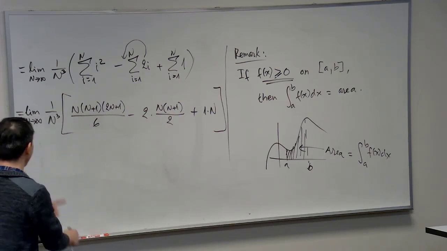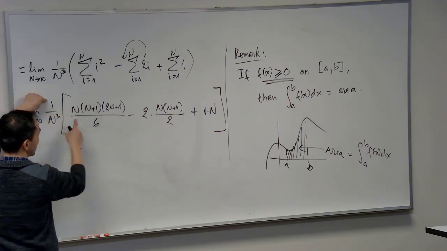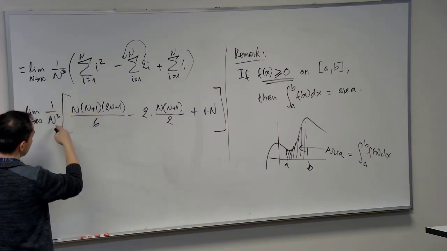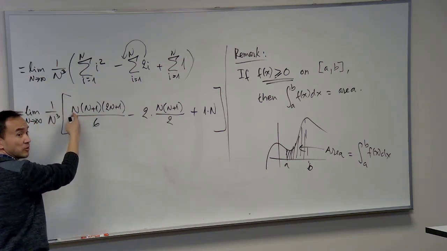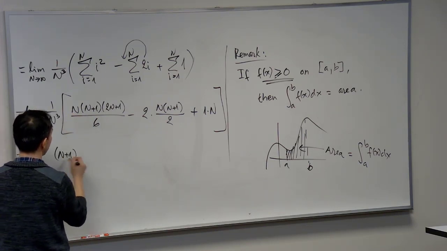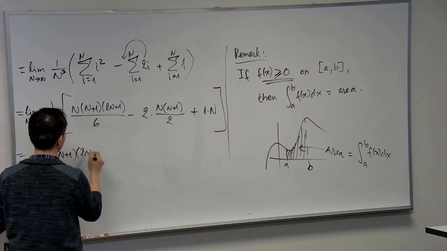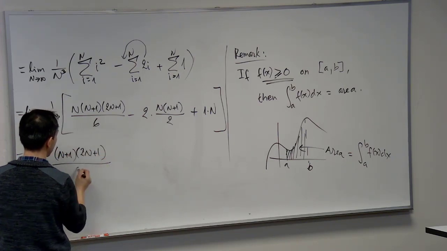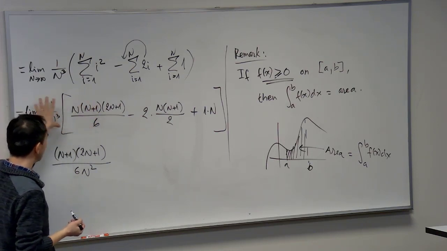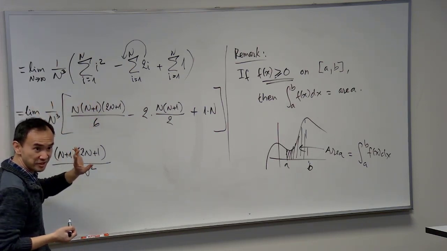And so let's distribute this 1 over n cubed for each term right here. Distributing this into the first term, the n cubed cancels with the n. You guys follow it? Okay, that gives me n plus 1 times 2n plus 1 divided by 6n squared. That's the first term after multiplying with 1 over n cubed. Do you agree? Okay.